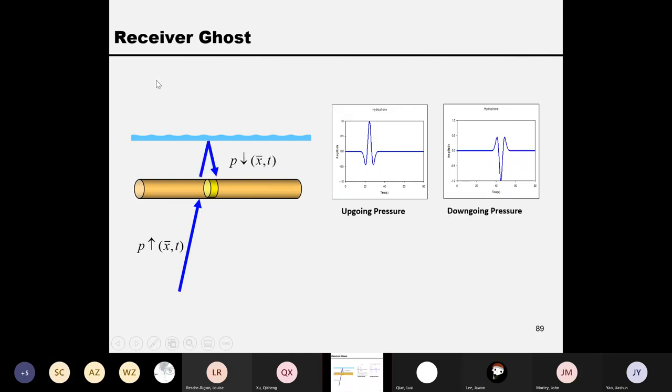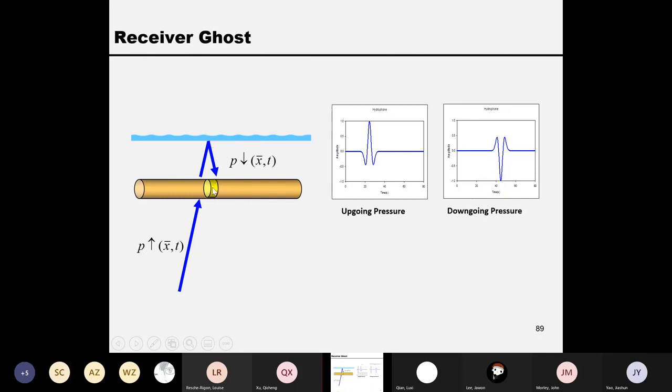That was the source part. On the receiver part, you have a receiver here. Your wave propagates as a reflection from the subsurface toward the water surface. You record it passing as an upgoing pressure, then it goes to the top, and the reflection from the interface between the air and the water comes back, so you have a downgoing wave.